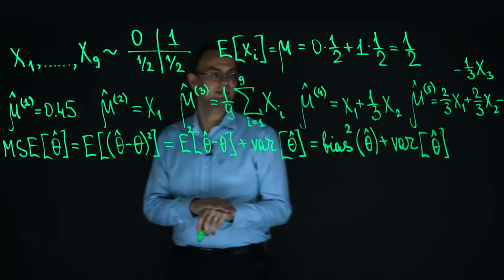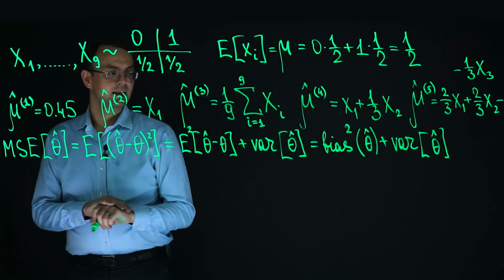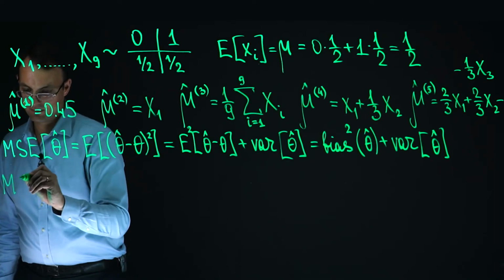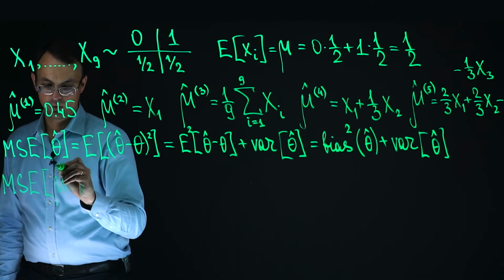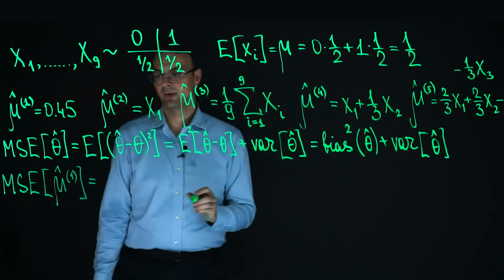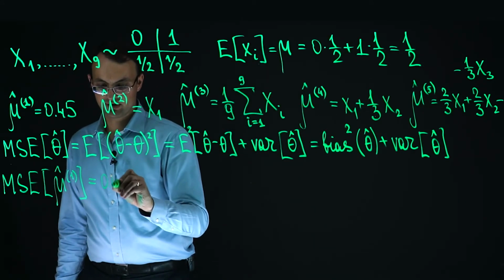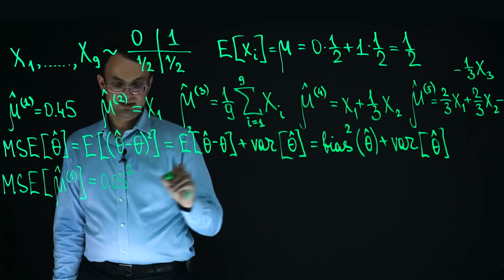Let's now apply this to our estimators. So MSE of mu1 hat is the squared bias, as we remember, the bias is 0.05 squared, plus the variance.